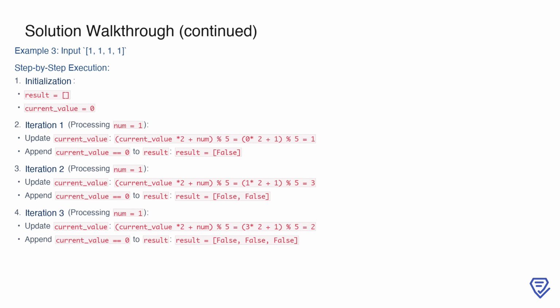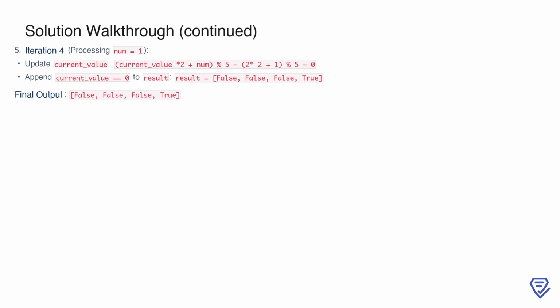In the third iteration, with yet another 1, the calculation 3 * 2 + 1, % 5 gives 2. Once again, current_value is not 0, so we append false. At this point, the result list contains false, false, false, reflecting that none of the first three prefixes are divisible by 5. Finally, in the fourth iteration, we process the last number, 1.